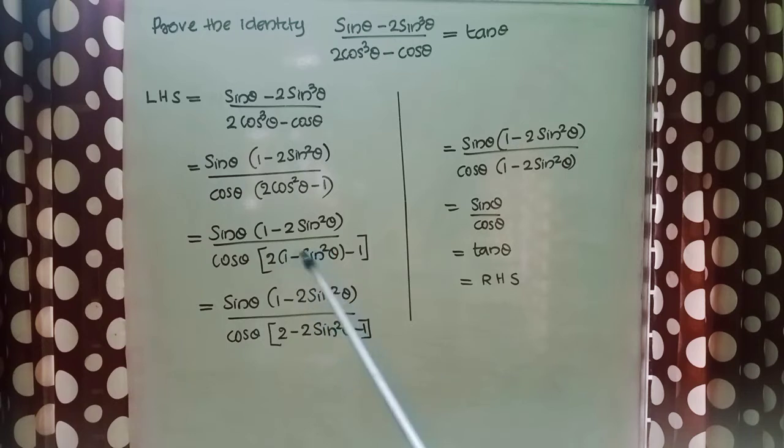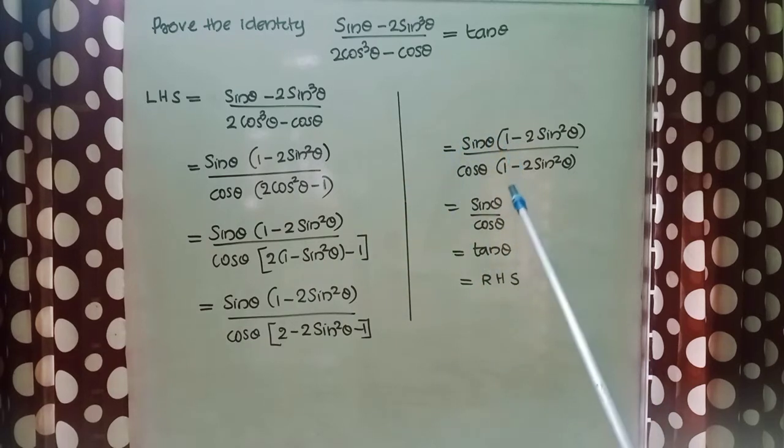Now let us remove this bracket. We get sin theta into (1 minus 2 sin square theta) whole divided by cos theta into (2 minus 2 sin square theta minus 1). Now this 2 minus 1 is 1.